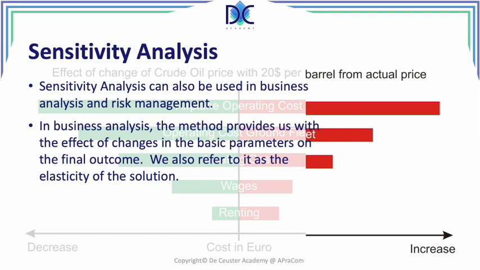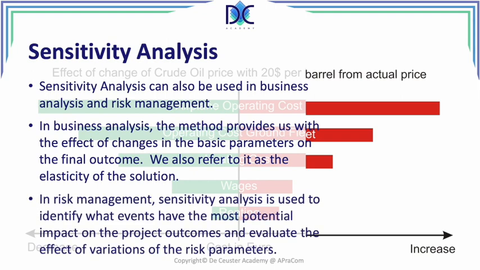In business analysis, the method provides us with the effect of changes in the basic parameters on the final outcome. We also refer to it as the elasticity of the solution. In risk management, sensitivity analysis is used to identify what events have the most potential impact on the project outcomes and evaluate the effect of variations of the risk parameters.